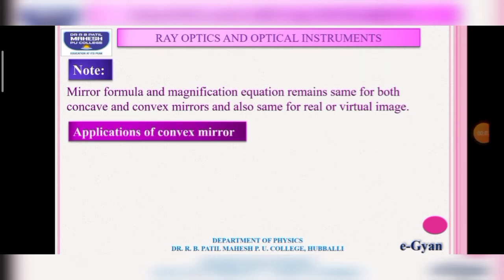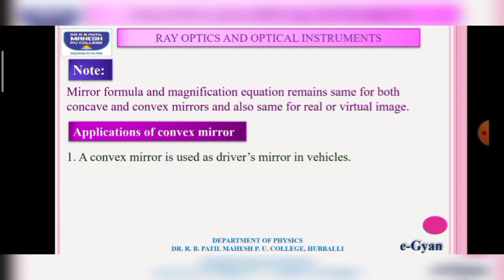Applications of convex mirror. First one, convex mirror is used as a driver's mirror in vehicles. Okay, normally you might have seen the mirrors in vehicles. They are convex in shape. That means the reflecting surface will be away from the center of curvature. Why are these mirrors used?